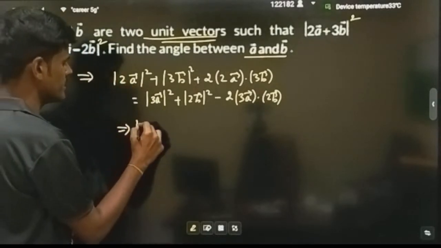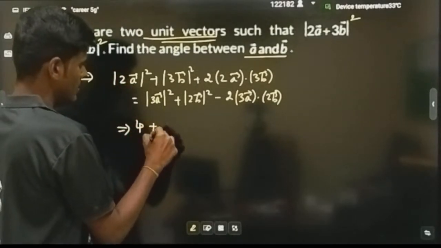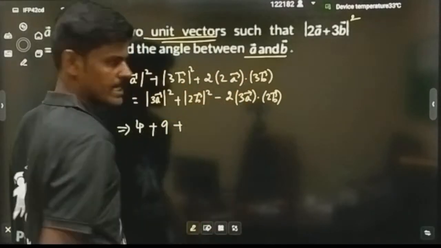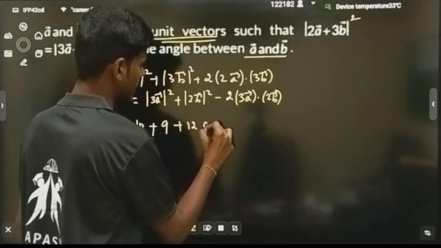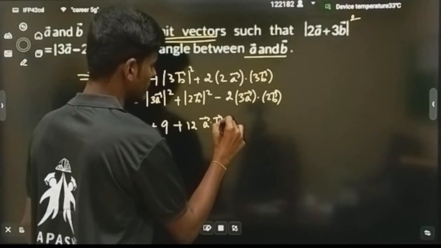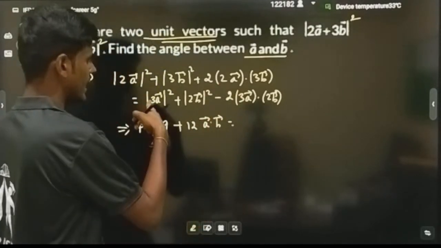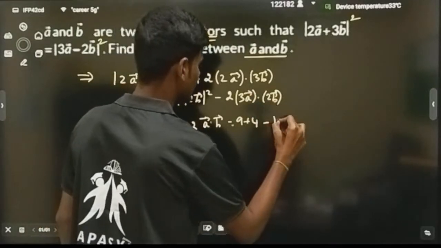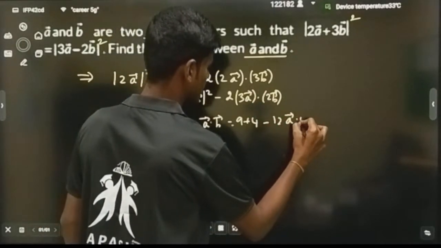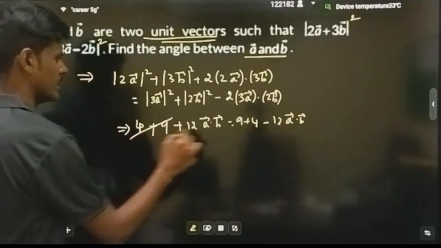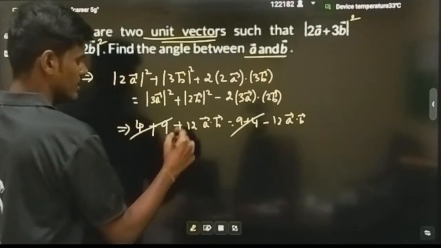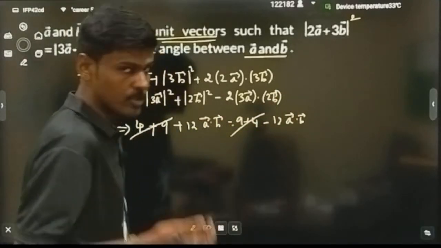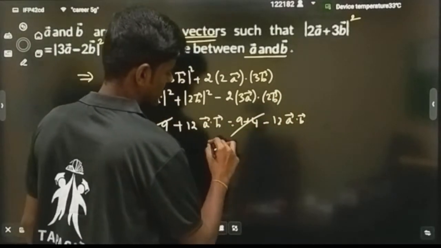This is nothing but 4A square, 4 into 1, plus 9B square, plus, taking 2 and 3 outside, 12 into A dot B, which is equal to 9 plus 4 minus 12 into A dot B. 9 plus 4 is 13, and 13 and 13 get cancelled out. 12 A dot B equal to minus 12 A dot B, which means obviously A dot B equals 0.